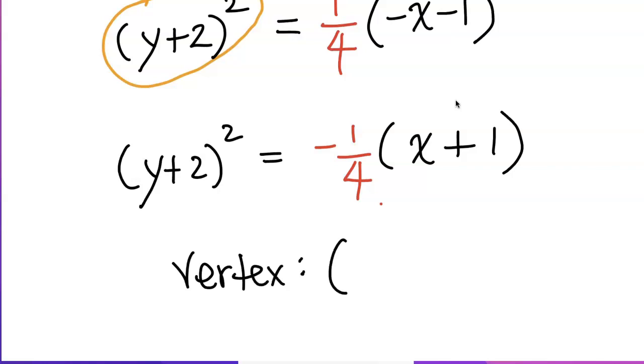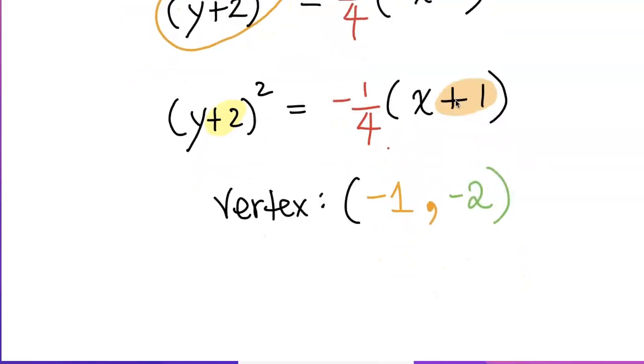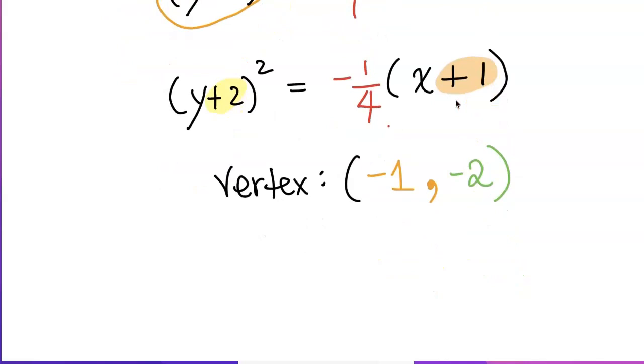Now look, we will be able to tell the vertex by reading what's being subtracted from x's and y's. When you see x plus 1, you know the x-coordinate of the vertex is negative 1. When you see y plus 2, you know the y-coordinate of the vertex will be negative 2. Now, we got to find the p though, okay? What is sitting in front of that parenthesis for x? This is going to give us 4p.